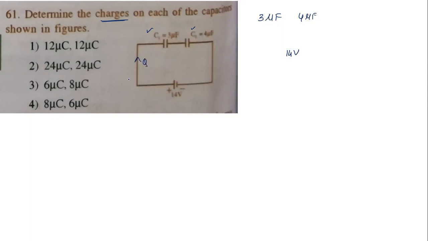Look at the options now. This is a wrong answer, and this is a wrong answer. Either this answer or this answer you can choose, but we need to find out which one because both have the same values. If these two are connected in series, what is the effective capacitance? C equal to C1 plus C2, which is 3 microfarad plus 4 microfarad, so 7 microfarad.